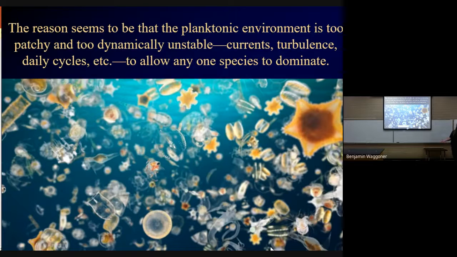There's lots of different predators in here, but the thinking is that not one of them ever manages to get a competitive advantage simply because the environment is so unstable and so constantly changing, and it's not really a single environment if you could shrink yourself down and look at it up close.